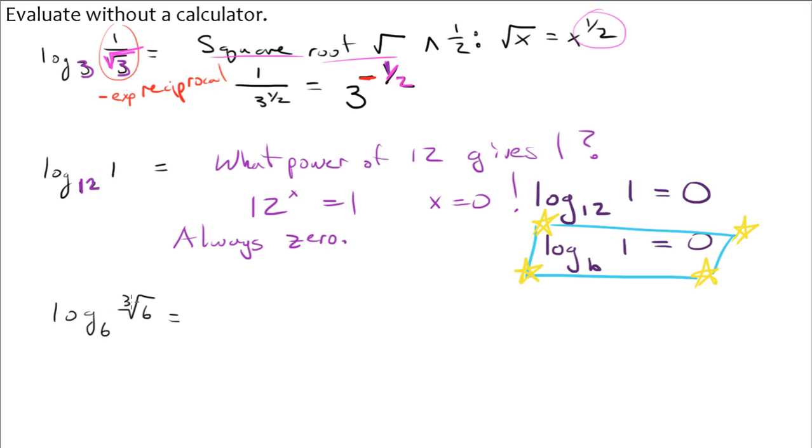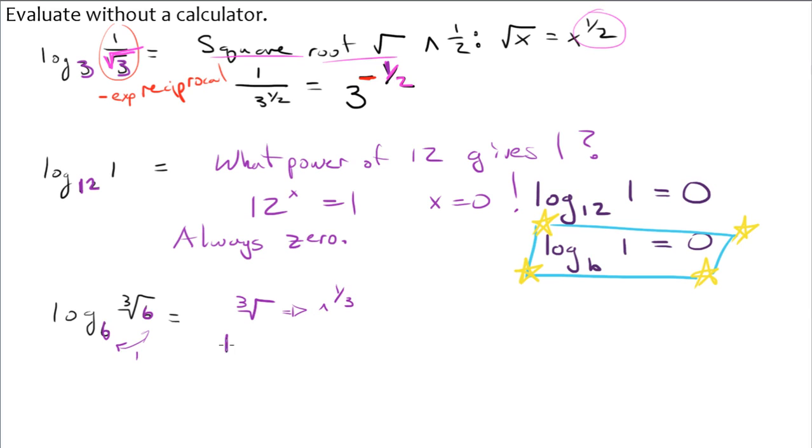Lastly, the log base 6 of 3 to the 6th. See what's going on, like the example with 3. 6 and 6. We should be looking at that pattern. But the log base 6 of the cube root of 6, what is that? Well, okay, let's take it here. Cube root means we're raising it to the 1/3, right?